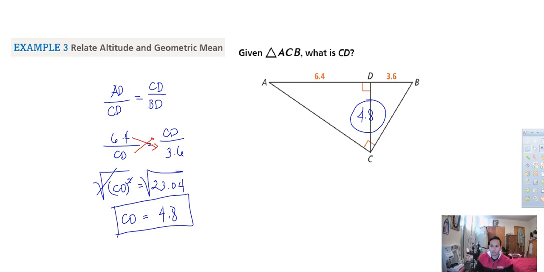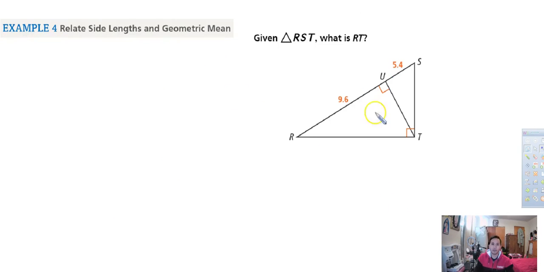Okay, let's proceed with the next example. Example number 4. Relate side length and geometric mean. So given in this example, triangle RSC, what is the measurement of RT? So we are looking at RT, which is the X. Now, if you have difficulty identifying the similar triangle, remember that you can draw them separately, just like what we have in our example 1.